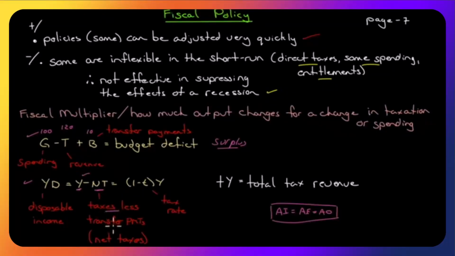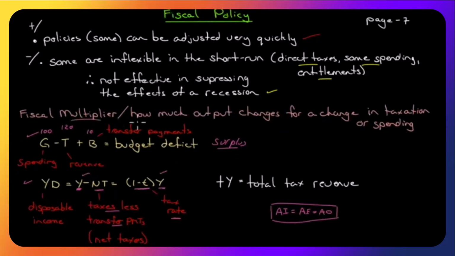And this is taxes less transfer payments. So if we pay out 50 in tax, but 10 is sent back in transfer payments to different people, then net taxes are 40 from the aggregate of income. Now the way to write it is (1 minus T) times Y. T is the tax rate, the effective overall tax rate that represents net revenues for the government. (1 minus T) times Y.